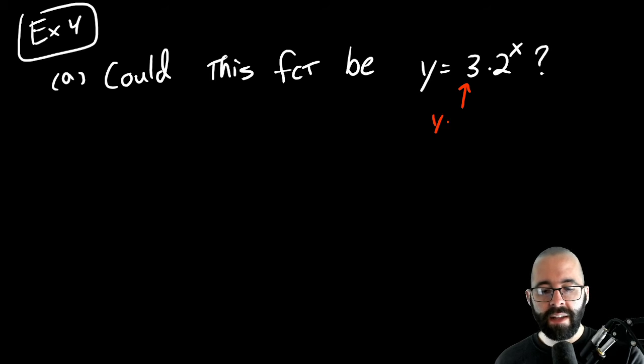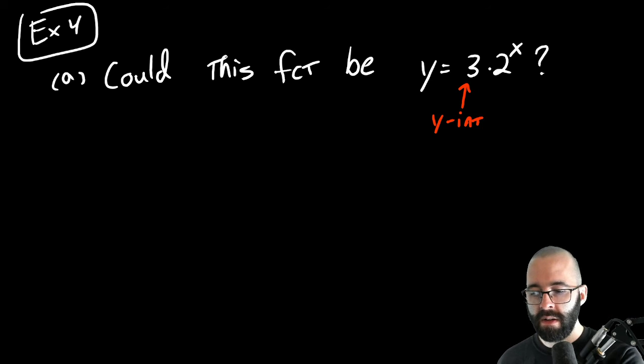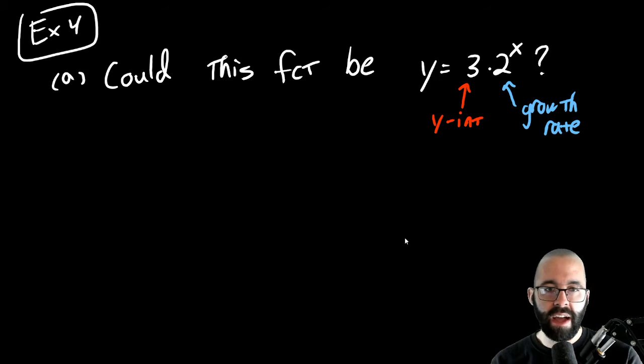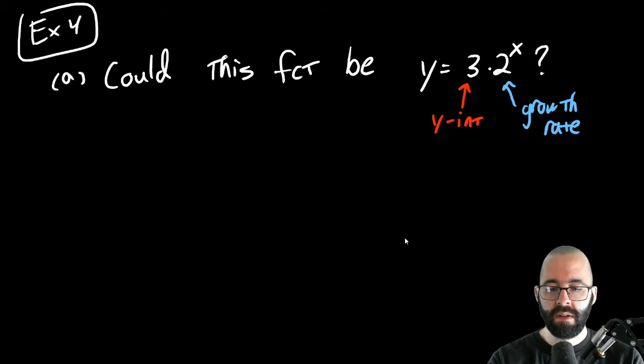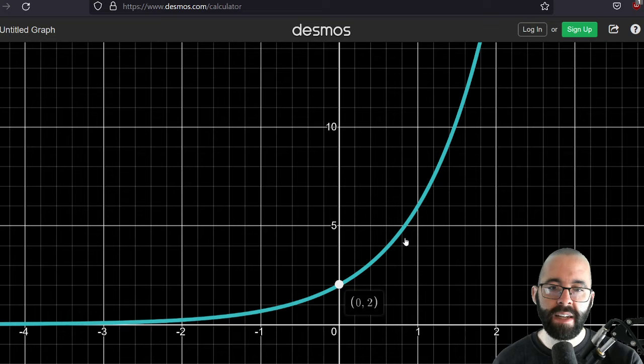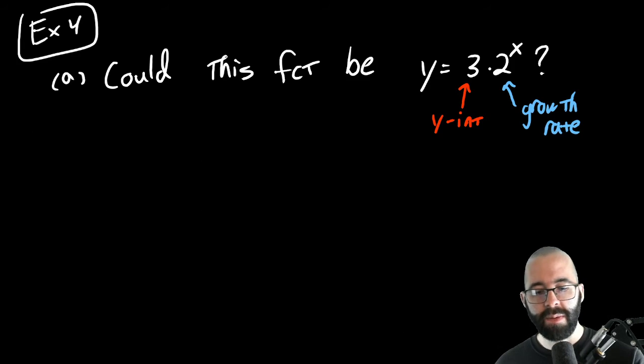That would have a y-intercept of 3 and a growth rate, or growth factor, of 2. But right off the bat, I can see the y-intercept is positive 2. So it can't. Nope, our graph has a y-intercept of 2.